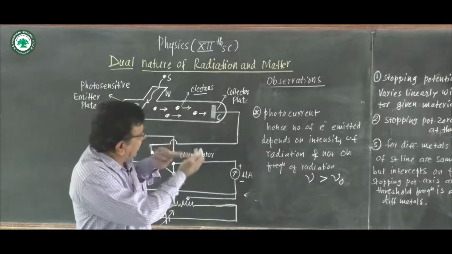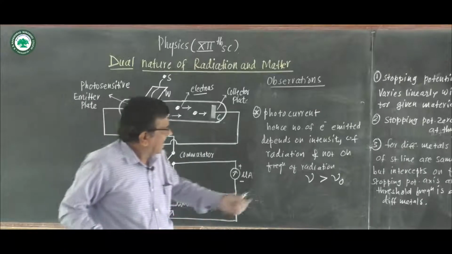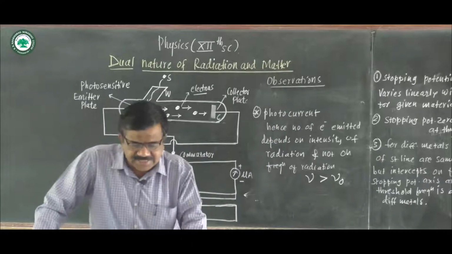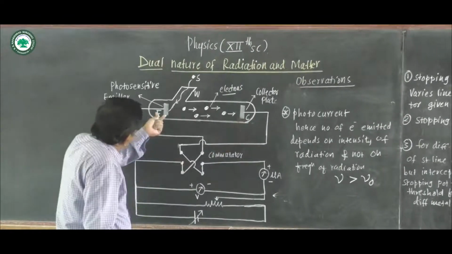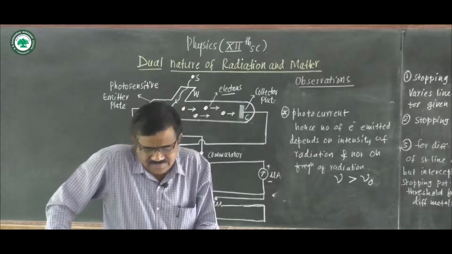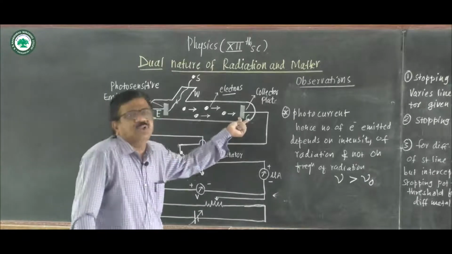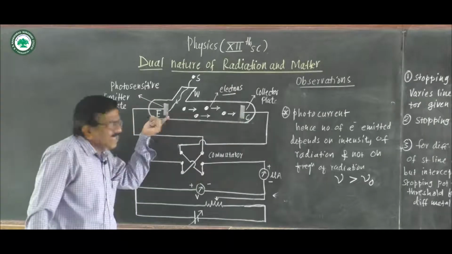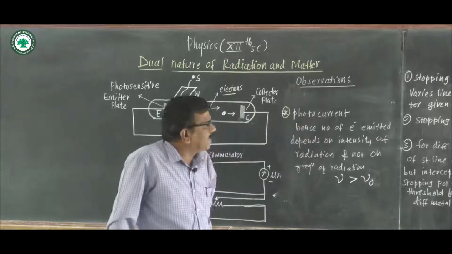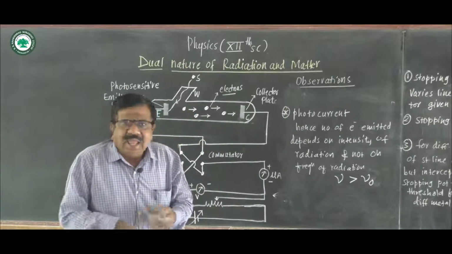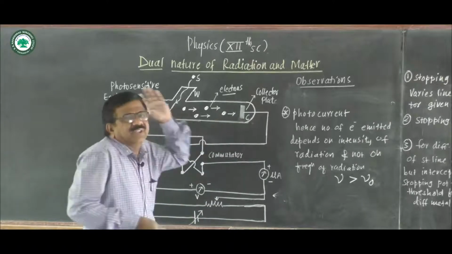The main condition is that the incident frequency is greater than the threshold frequency, and the potential of the collector is higher than the potential of the emitter. The collector is also called the anode, and the emitter is also called the cathode. Then the photoelectric current, hence the number of electrons emitted, depends on the intensity of radiation and not on the frequency.